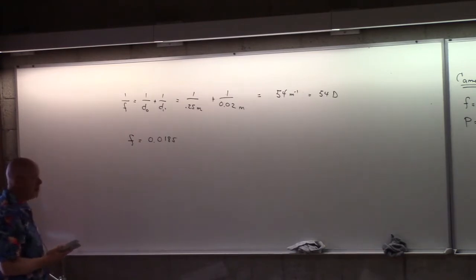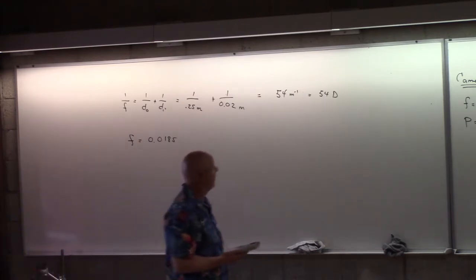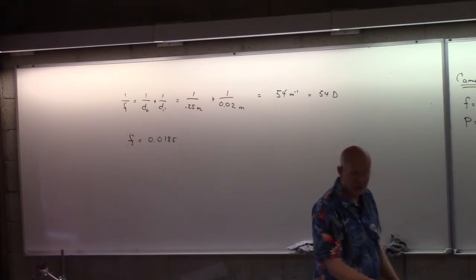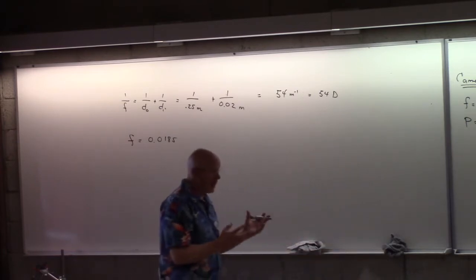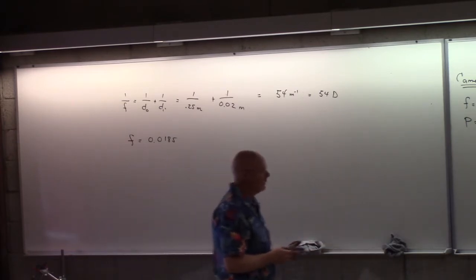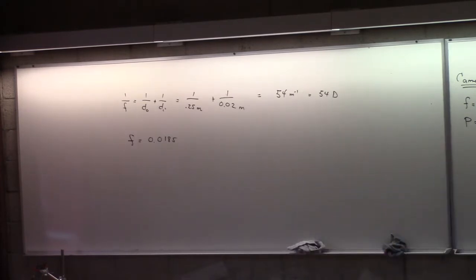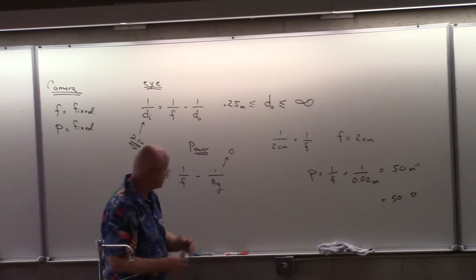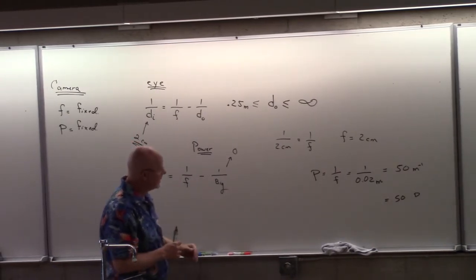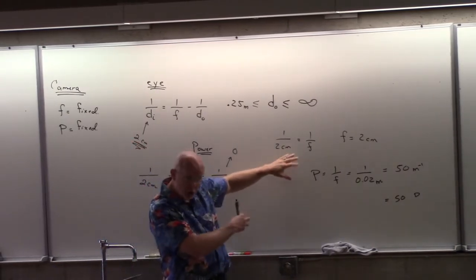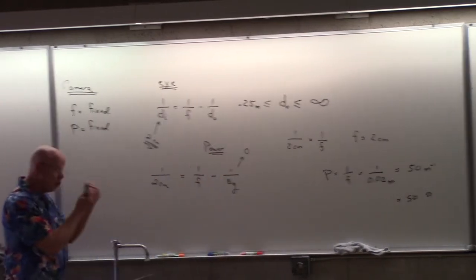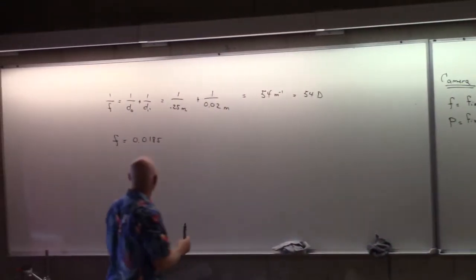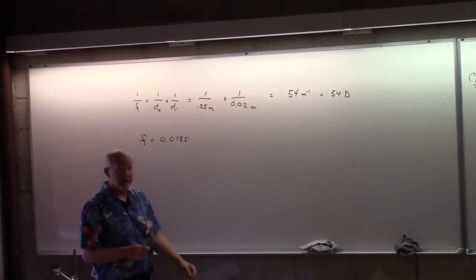And so it's not a big change in terms of the power or the focal length, but for my human eye to work well, for me to focus on things as close as 25 or as far away as I desire, my lens needs to change its focal length from the longer 2 centimeter down to a shorter 18.5 centimeters.